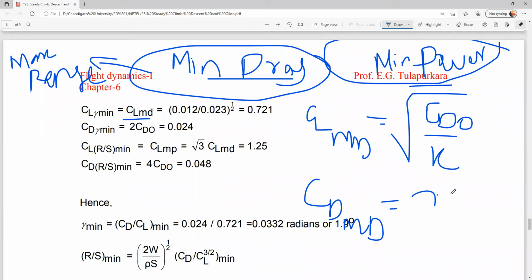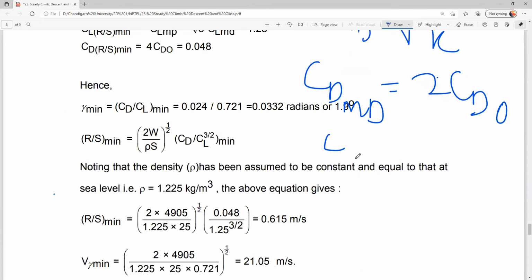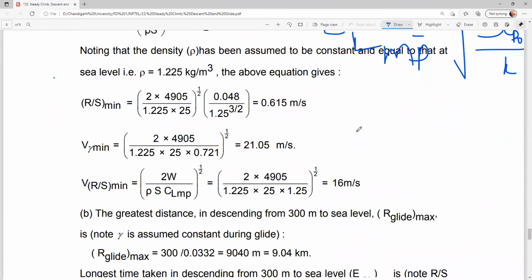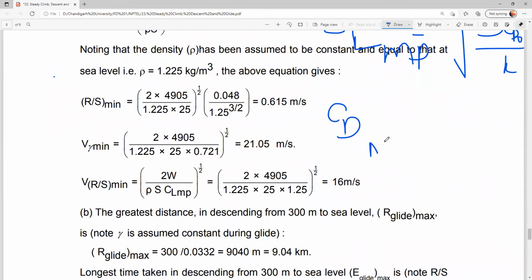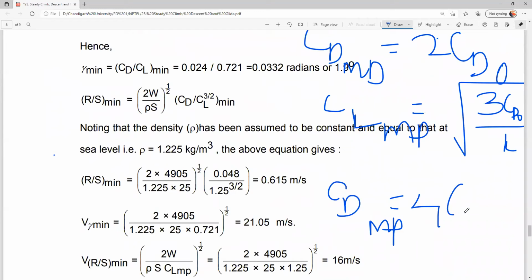So CL minimum power is square root of 3 CD naught by K. CD minimum power is 4 CD naught. Right? So this is the formula.